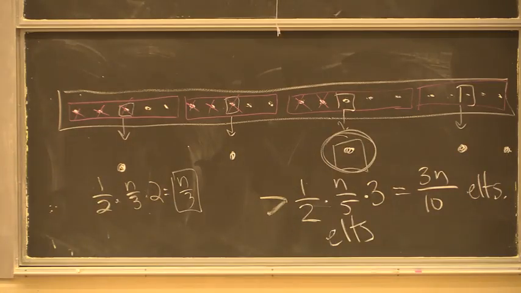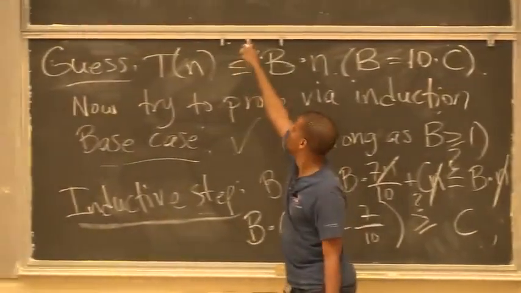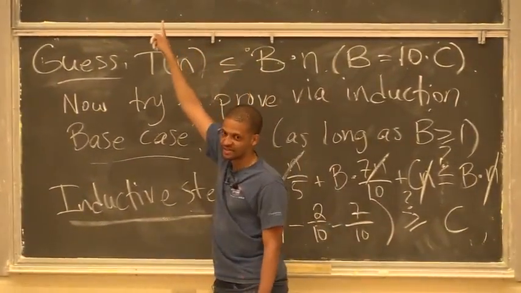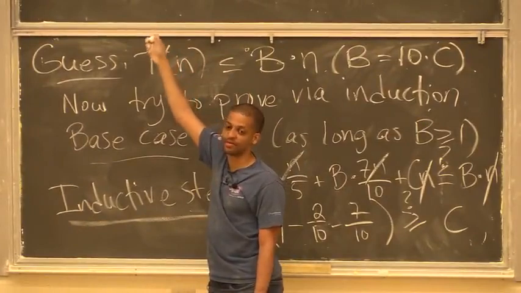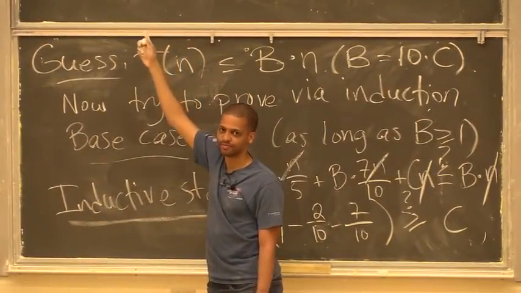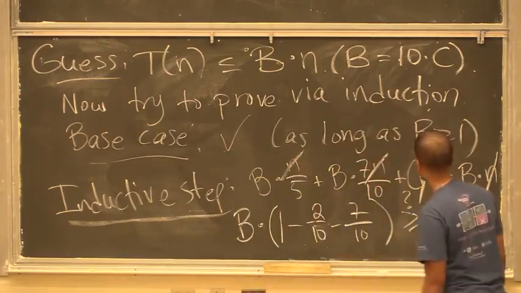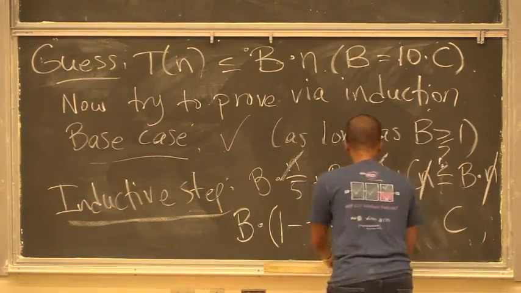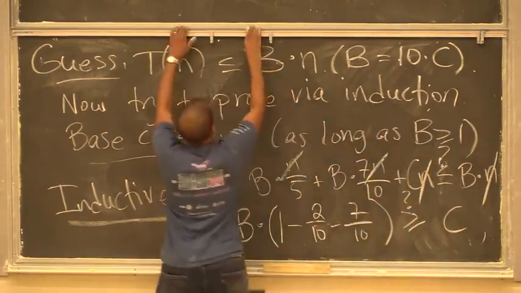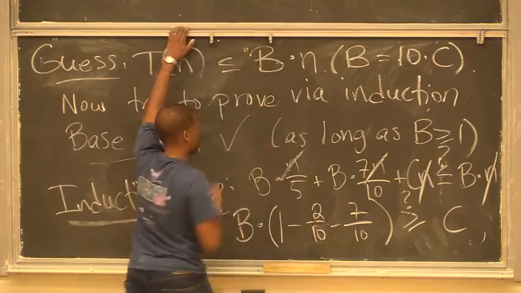So that 7n over 10 is going to get replaced with 2n over 3. And that n over 5 is going to get replaced with the number of groups now, which is n over 3. So if you try to plug that in here, let me do it in a different color because this is a fake analysis of something that doesn't work.